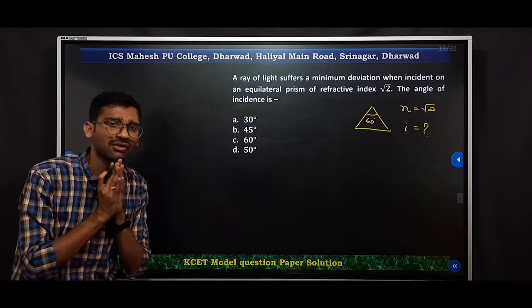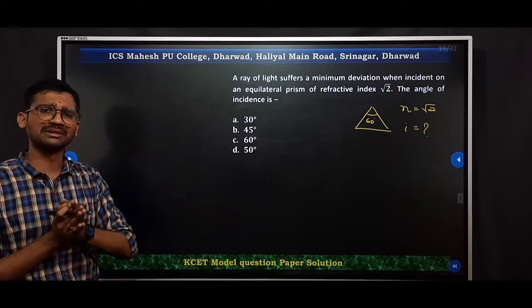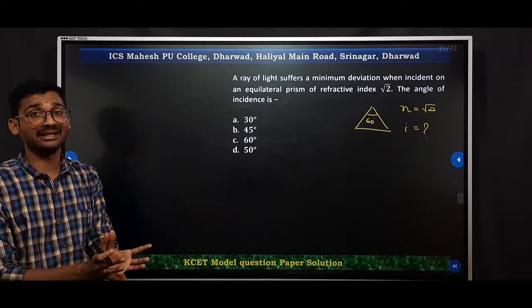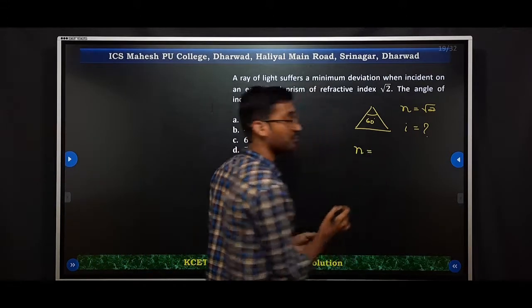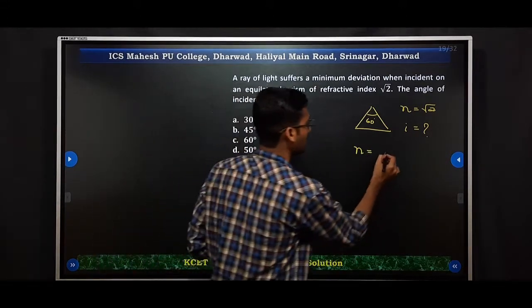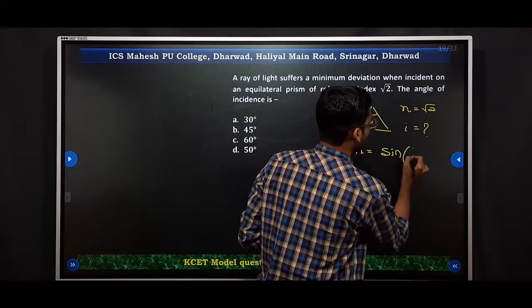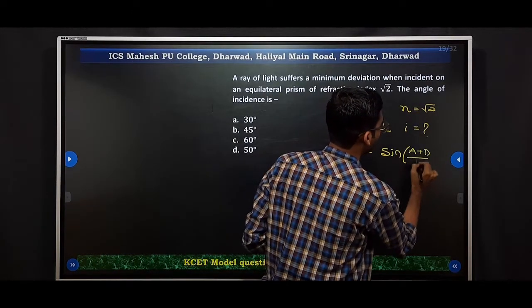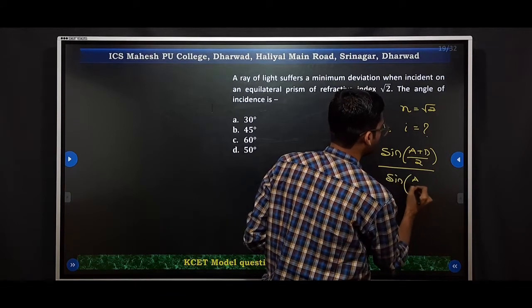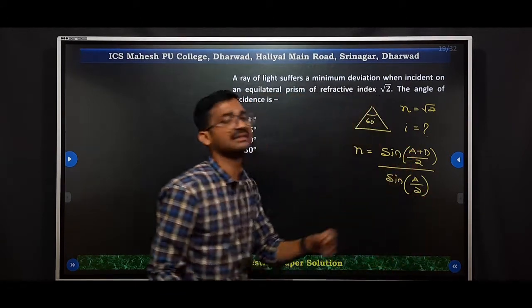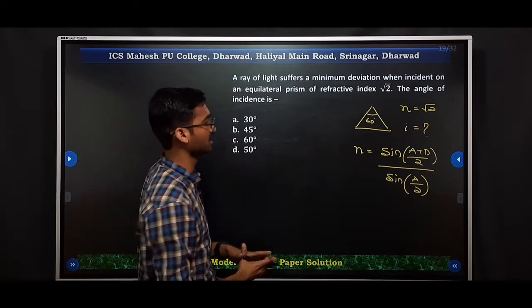Now, which equation will be the easier one? We know that for the prism, one equation is already found from the theory part: n is equal to sine of (A plus D) by 2 divided by sine of A by 2, where D is the angle of minimum deviation.